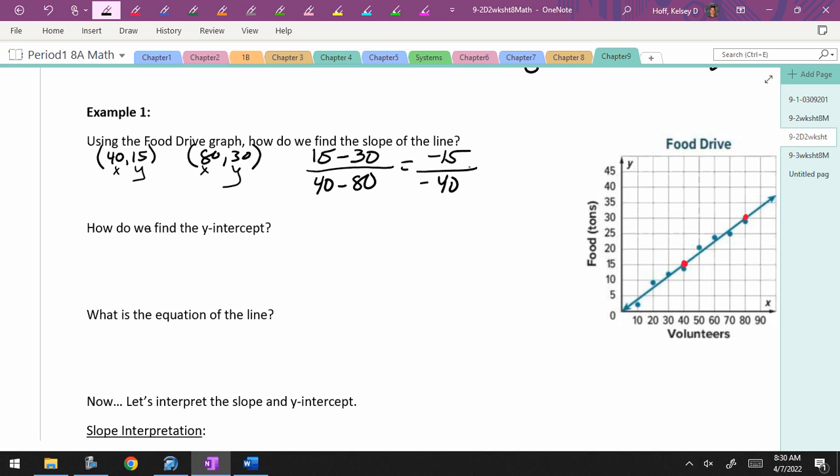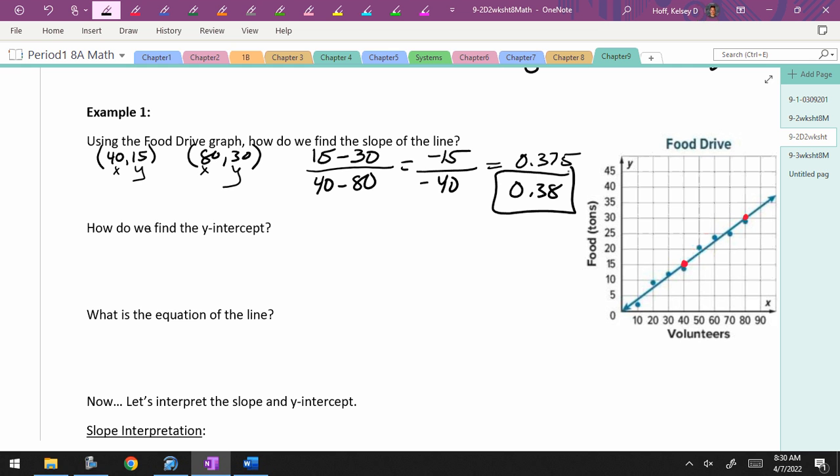What'd you get? 0.375. Now, Ms. Hoff is going to let us round that to the nearest hundredth. Hundredth is the second number. So what should I round that to? 0.38. That is my slope.